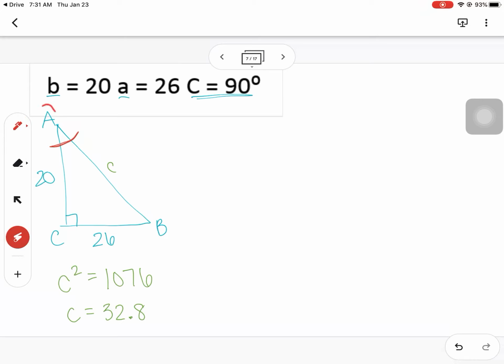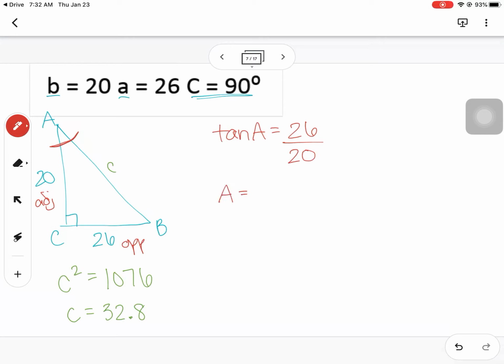When I'm trying to find A, I'm thinking about how it's related to the 26 and the 20 that were given to me. The 26 is opposite, the 20 is adjacent, and so that's going to let me set up the tangent of A would equal 26 over 20. As we've talked about, I need to get this A by itself, so this is where I'm going to do the inverse tangent, and I'll write it this way for now because that's how your calculator shows it.